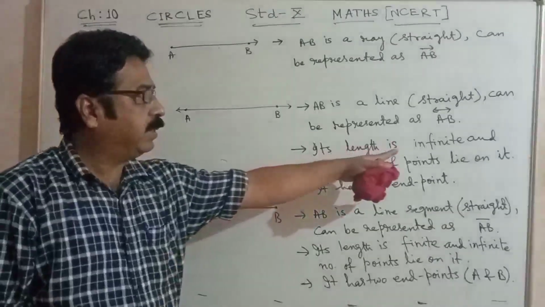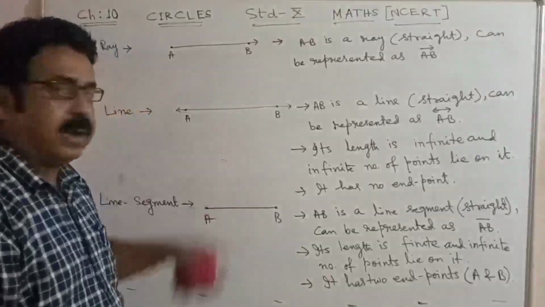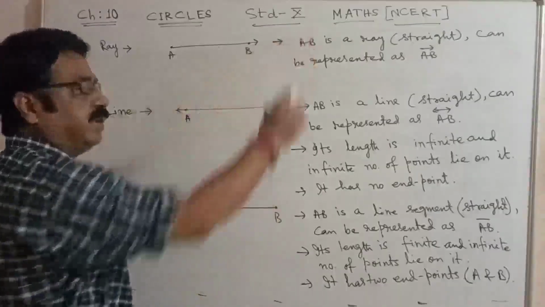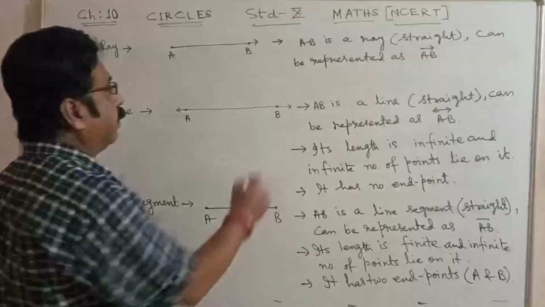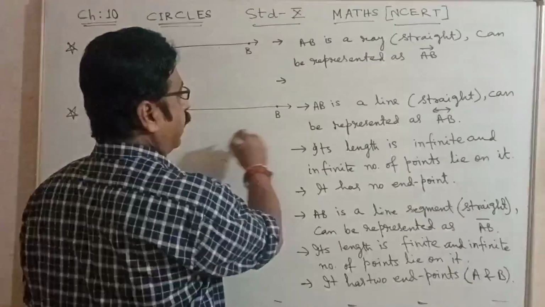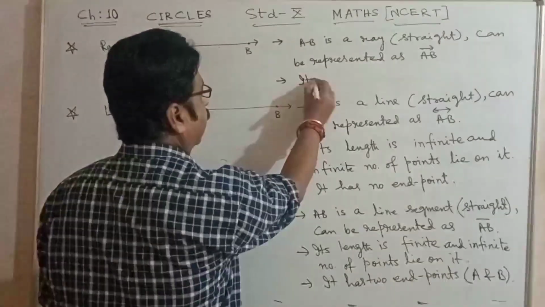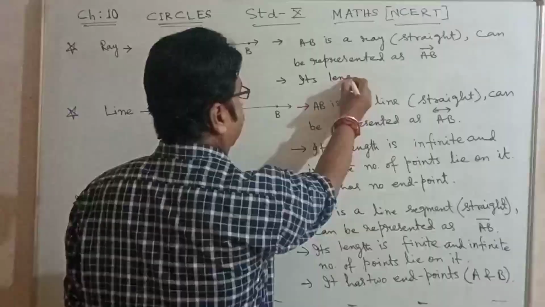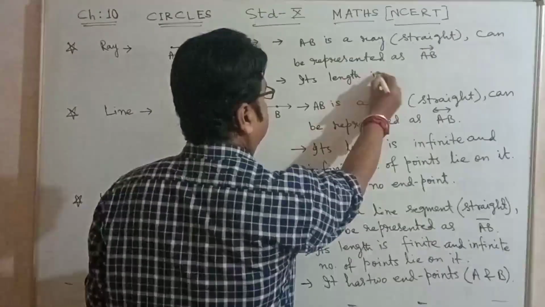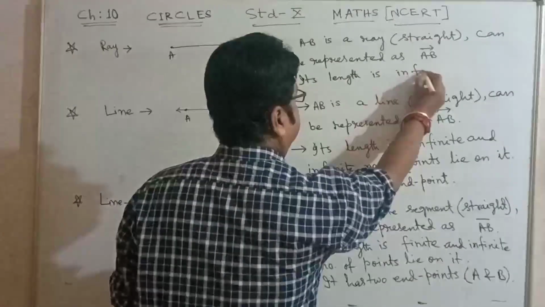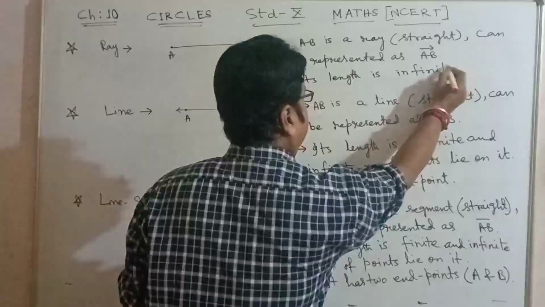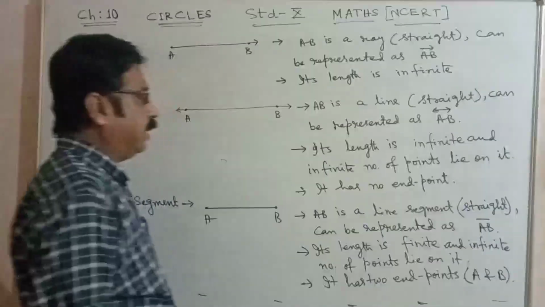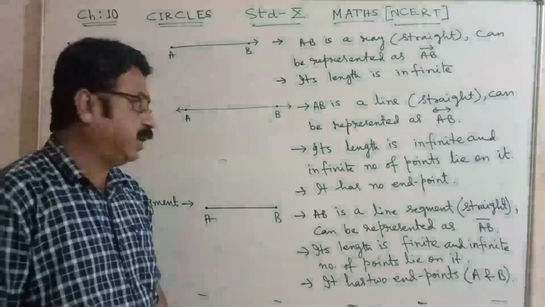Its length is infinite like a line, because this side can be extended infinitely. Its length is infinite, and infinite number of points lie on it. This is also true.